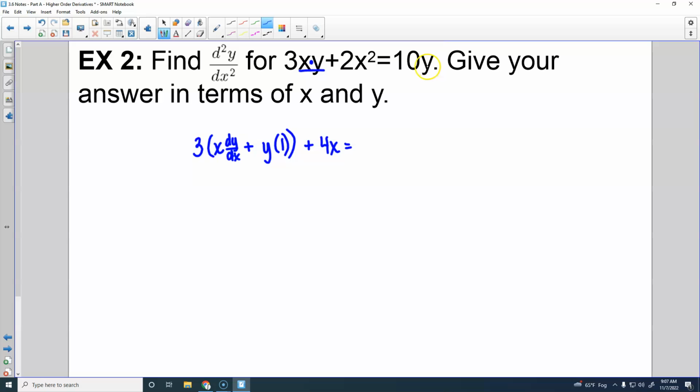And my 10y, that's going to be 10 dy dx. So I'm going to distribute my 3. So I got 3x dy dx plus 3y plus 4x equals 10 dy dx.